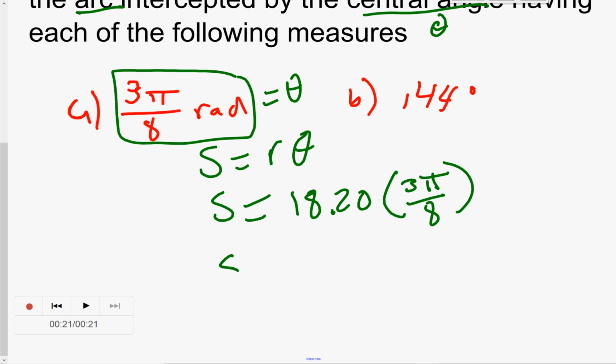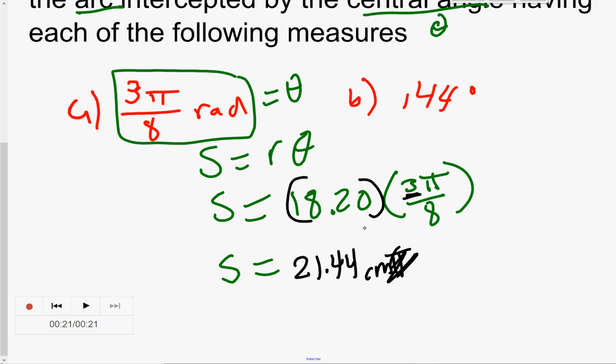Sometimes you can leave it in terms of pi, so I would just take this number and multiply by 3/8 and leave it in terms of pi, or I can go ahead and multiply it by pi using my calculator. If I use my calculator and multiply it by pi, then I'll get this answer here of 21.44 centimeters approximately, because my radius was in centimeters, so that's why this is in centimeters.